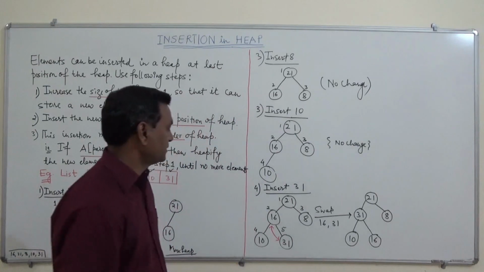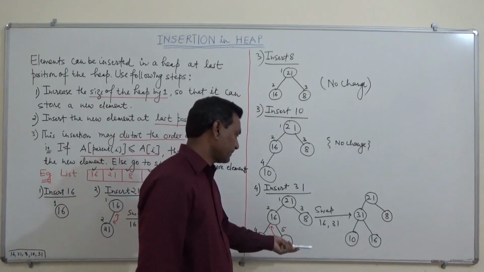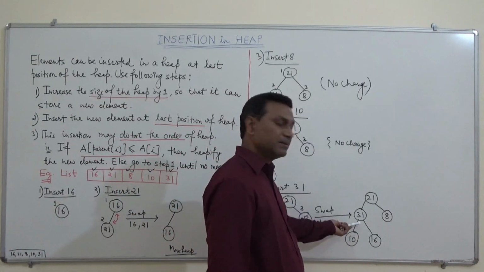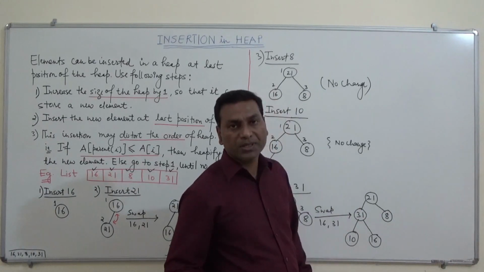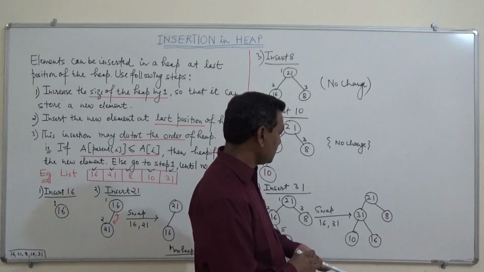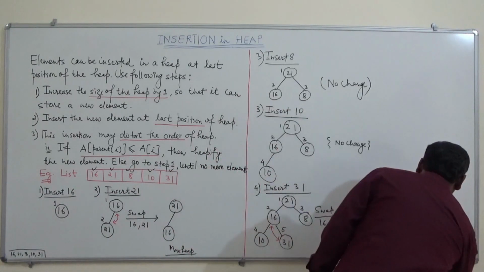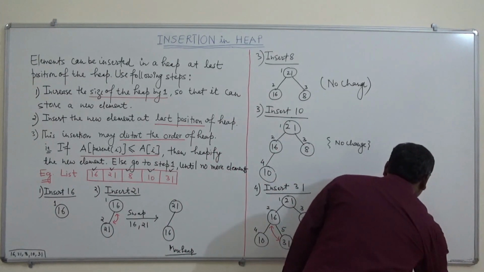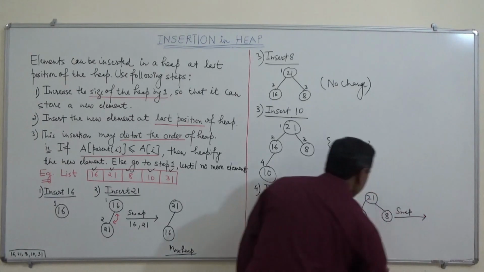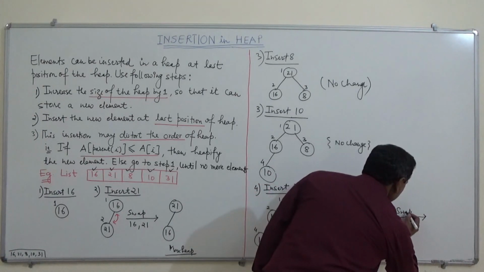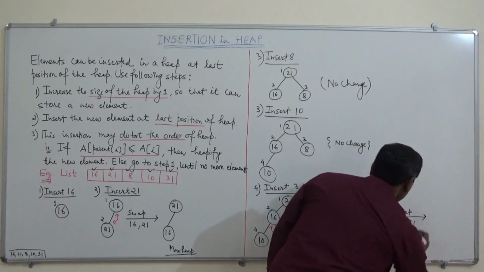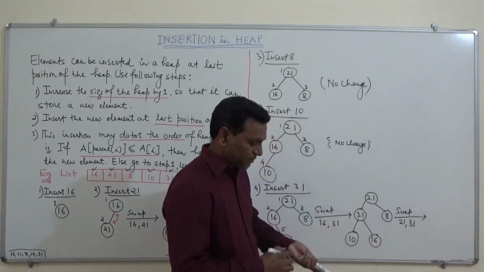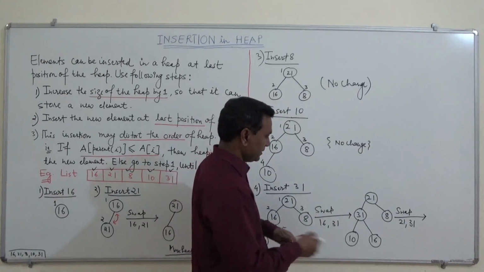Like this. Now again we will check at this position, this 31, this is greater than 21. So now again, because this is distorting the property of heap, we will make one more swap, 21 and 31, to restore the property of heap.